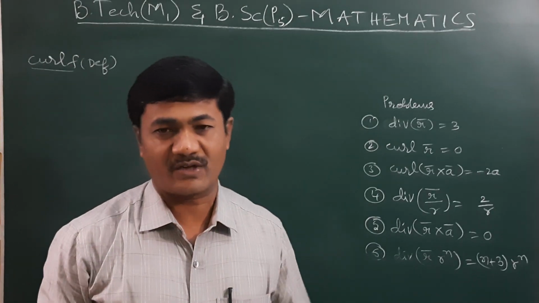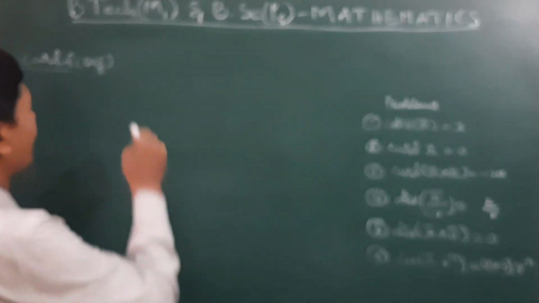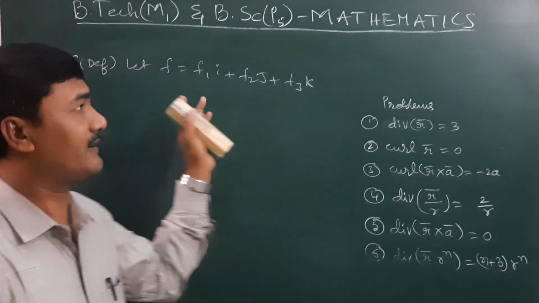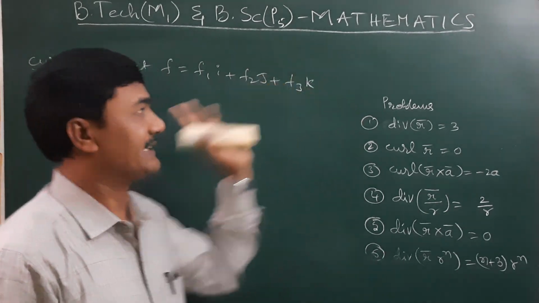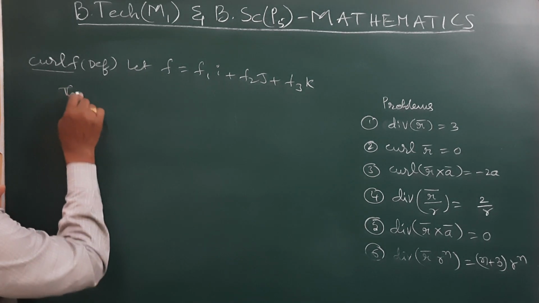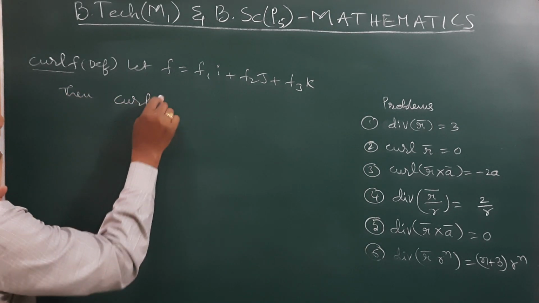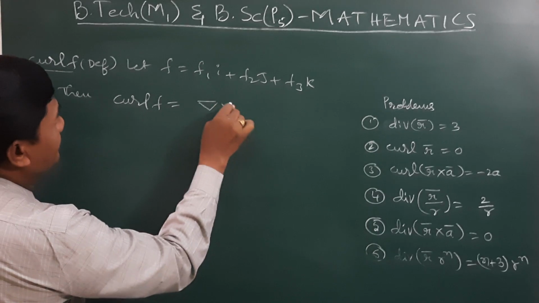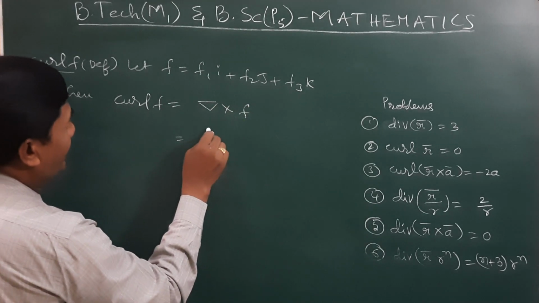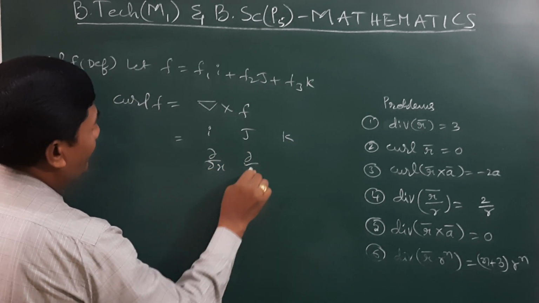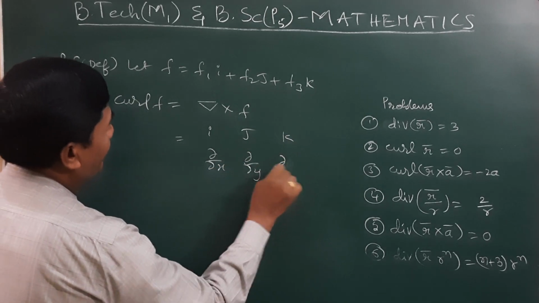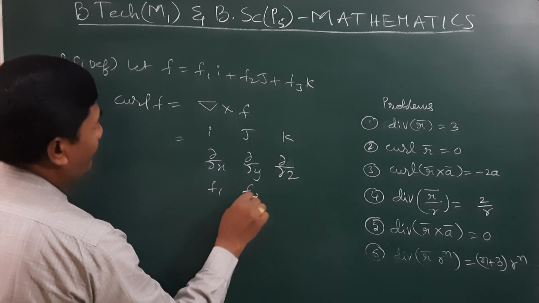Another definition of curl f using the determinant: let f be equal to f1 i plus f2 j plus f3 k. Then curl f is nothing but del cross f, which is simply known as the determinant of i, j, k; dou by dou x, dou by dou y, dou by dou z; f1, f2, f3.